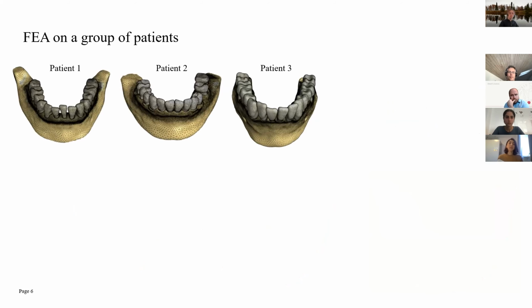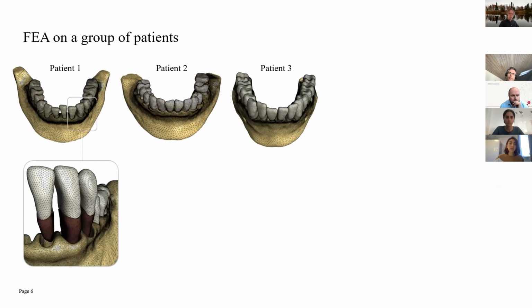In my next few slides, I will explain how we are preparing these biomechanical models of patients' jaws. Here you can see 3 examples of our patients that we have randomly selected. If we take a closer look at our biomechanical models, we can see that there is a soft tissue between the tooth and the bone that connects the tooth to the alveolar bone, which is called the periodontal ligament or PDL layer.